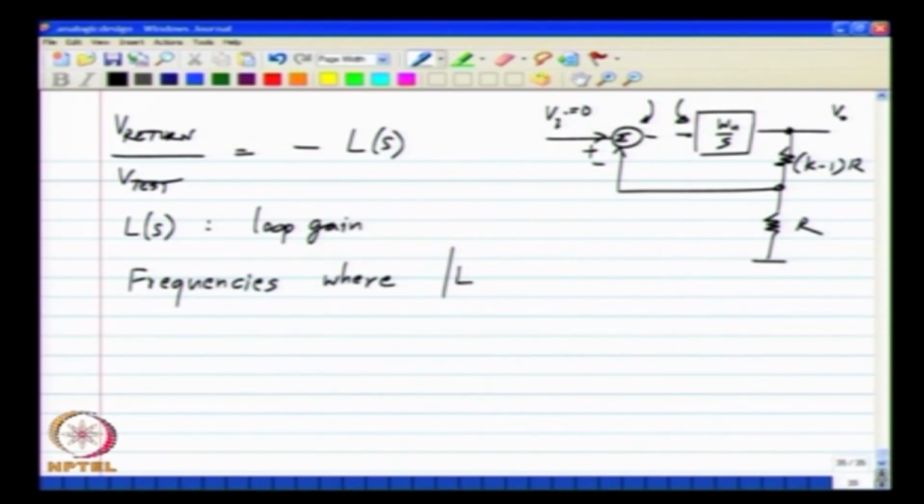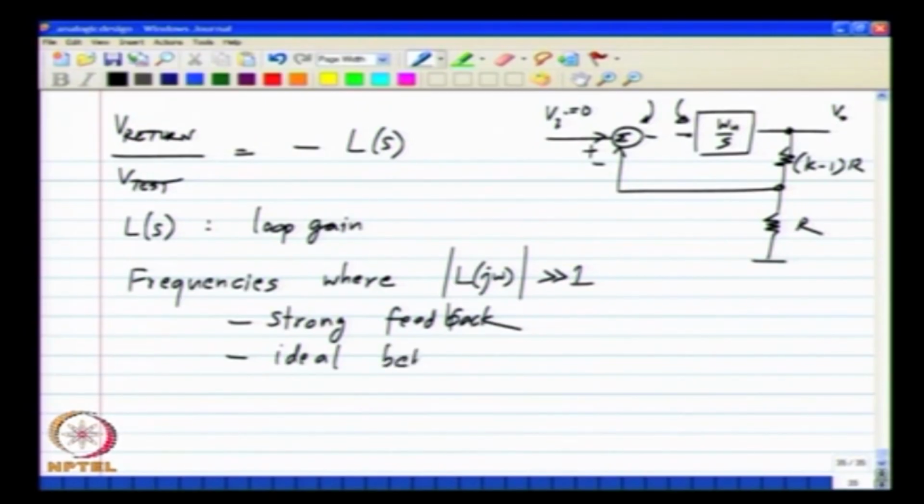Okay. The range of frequencies where the magnitude of L is much more than 1, there is strong feedback, and the amplifier behaves almost ideally, that is as you expect using the principles of negative feedback. Okay.